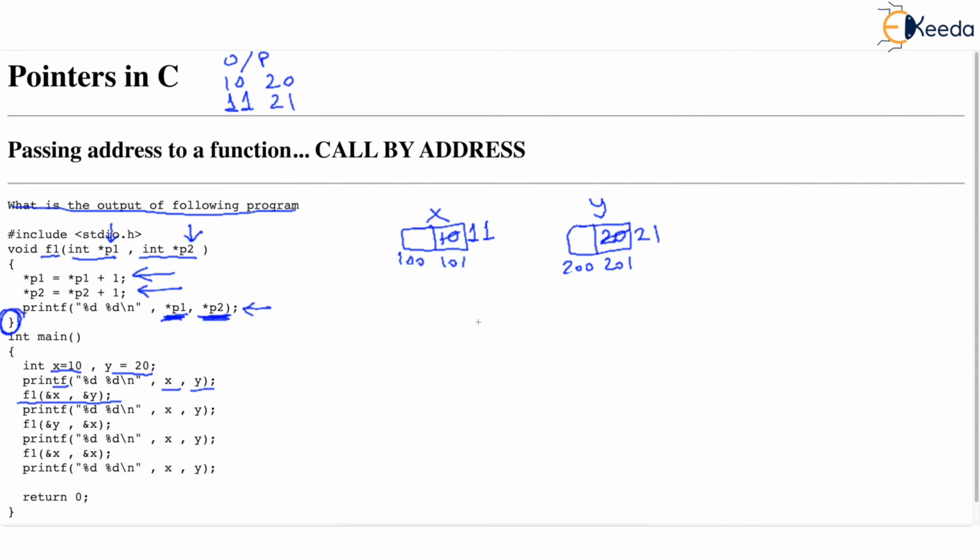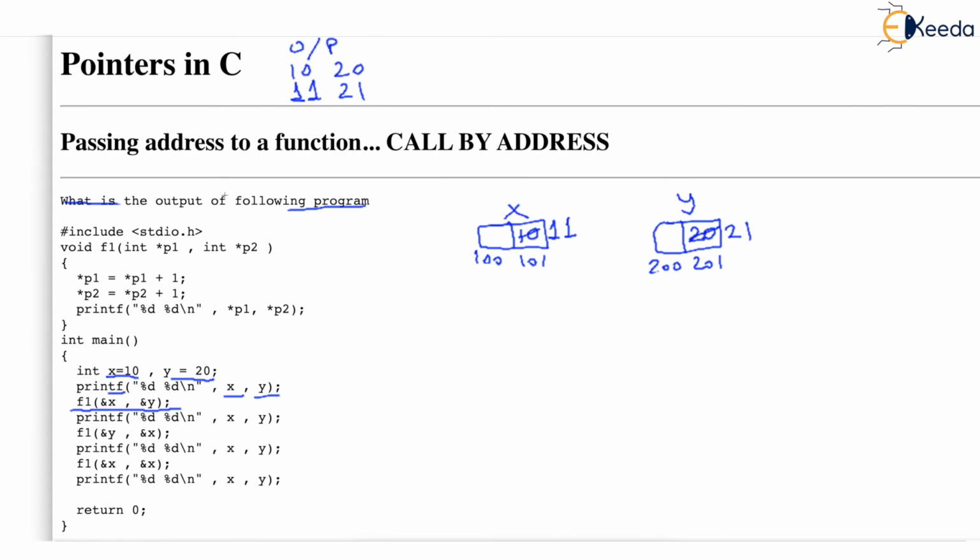You'll agree with this because p1 and p2 were the pointers that were created when the function was called. So now the function is ending, so these parameters are deleted. And let me clean a few things. And we obviously come back to main.